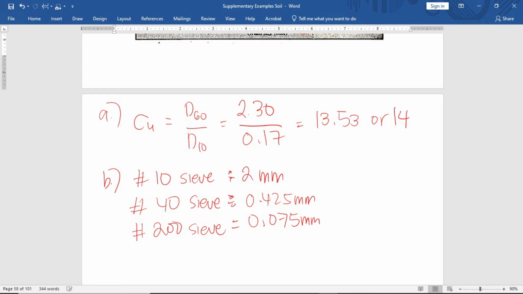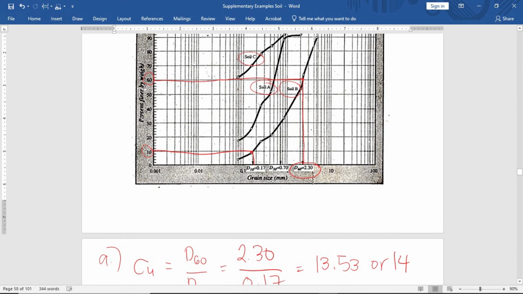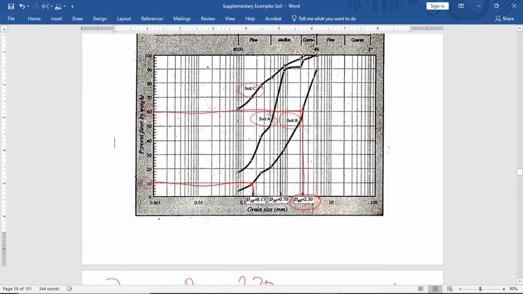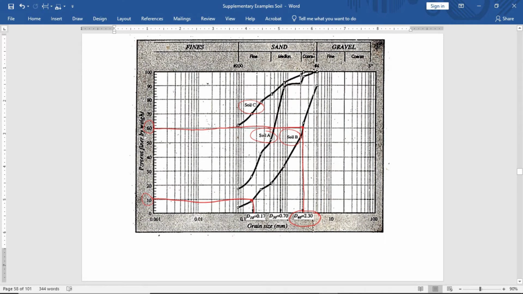Hahanapin lang natin yung percent finer para sa bawat sieve. So, 2 mm natin for sample C.